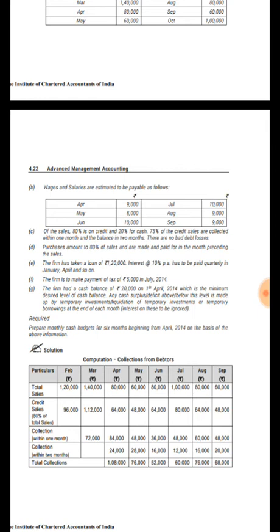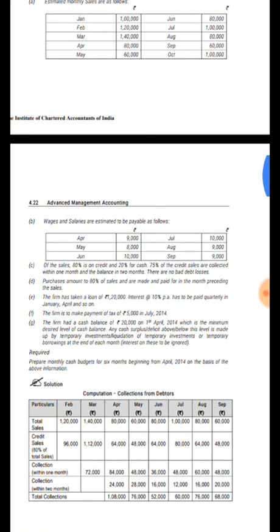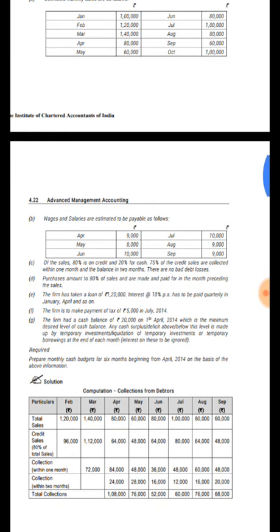So total sales from Feb onwards we have taken: 1,20,000, 140, 80, 60, 80, 1,80, 60 up to September. Because 6 months only we have to make, April, May, June, July, August, September. In that 80% is credit, so 80% of that is taken.